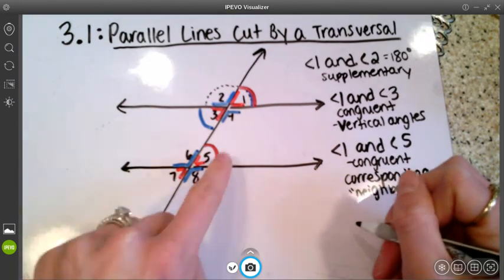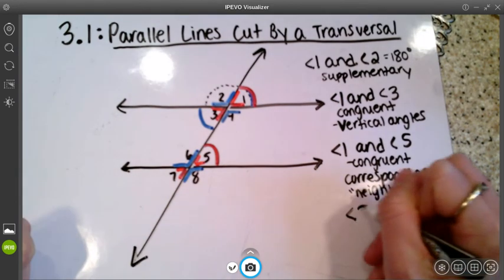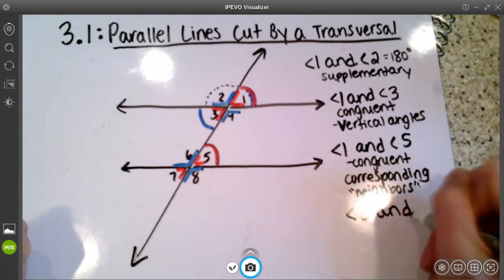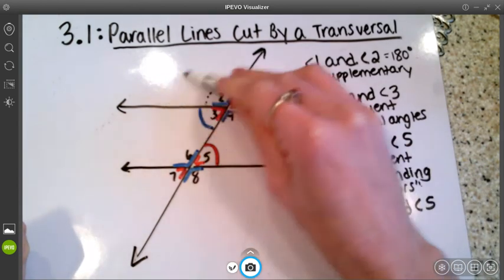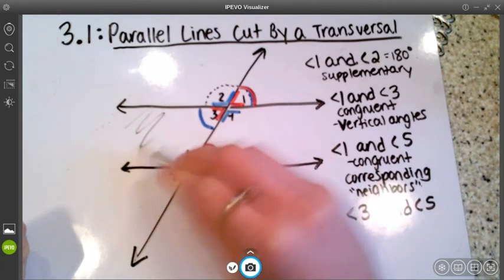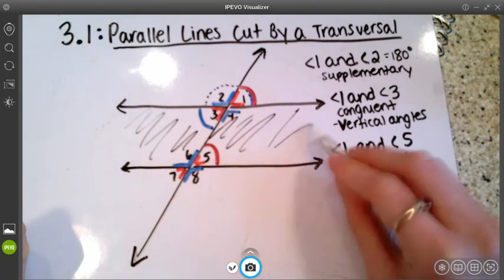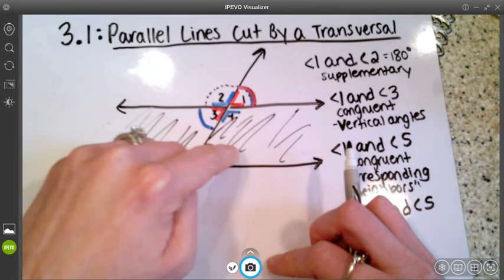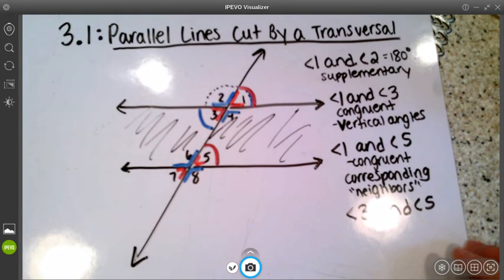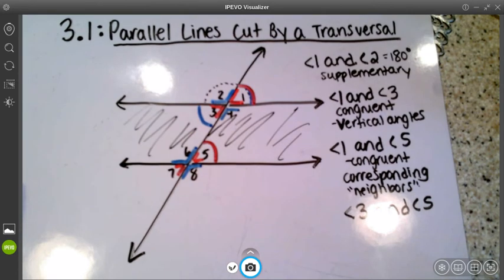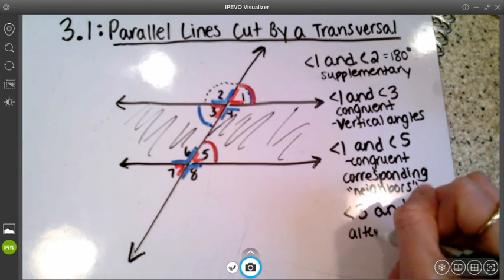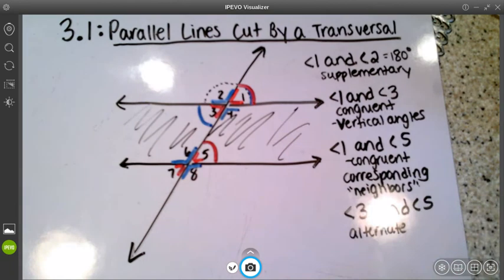Let's talk about, speaking of 5, 3 and 5. So now let's take a look inside. Do you guys see that here's kind of all outside? In here, this is the inside or the interior. So 3 and 5, they are on opposite sides and they're inside angles. So we call them alternate interior, right?